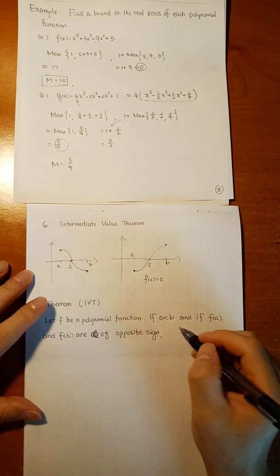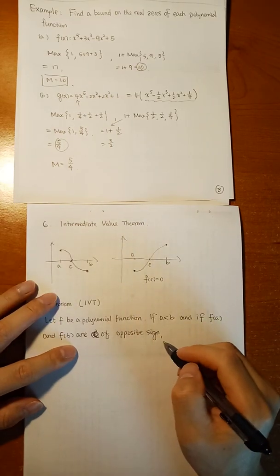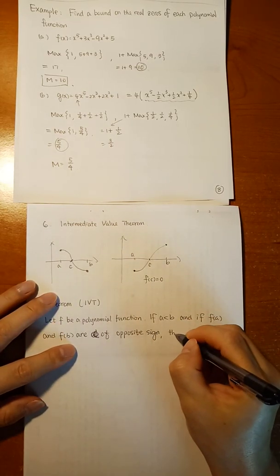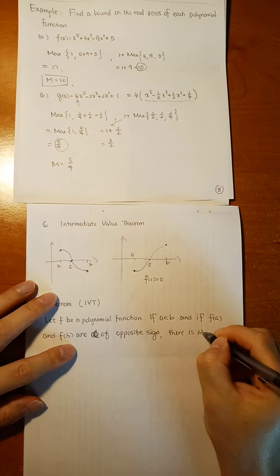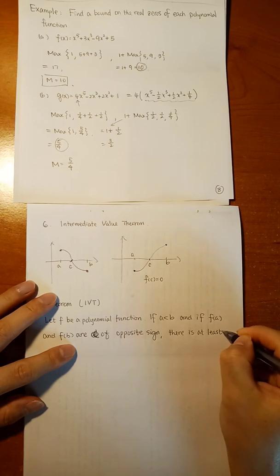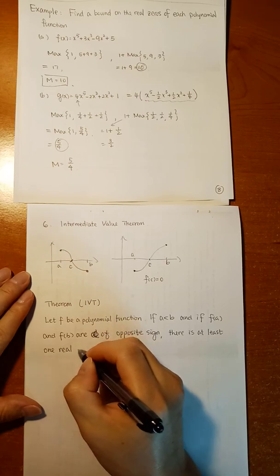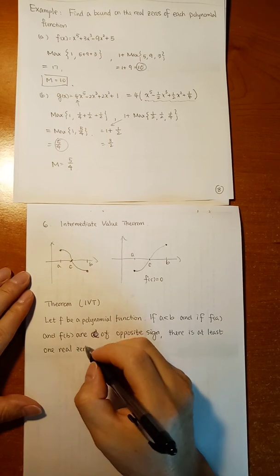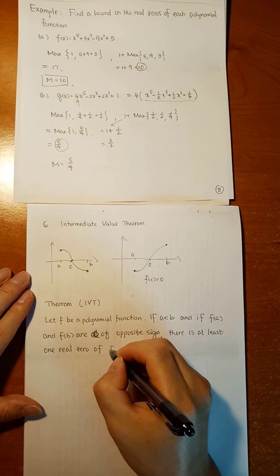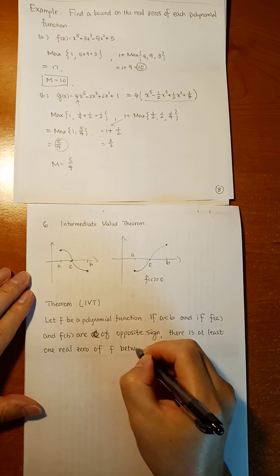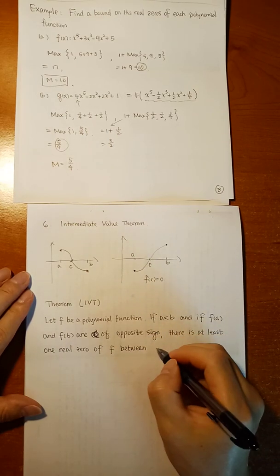If they are of opposite sign, there is at least one real zero of f between a and b.